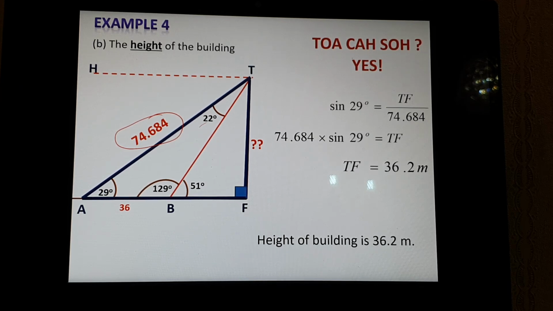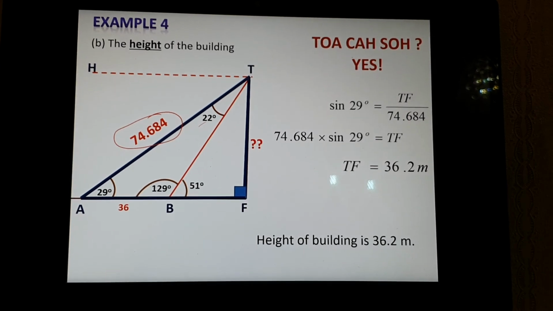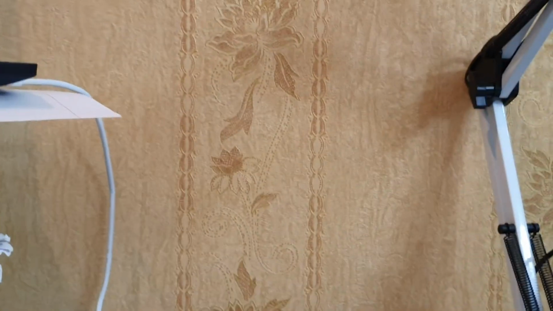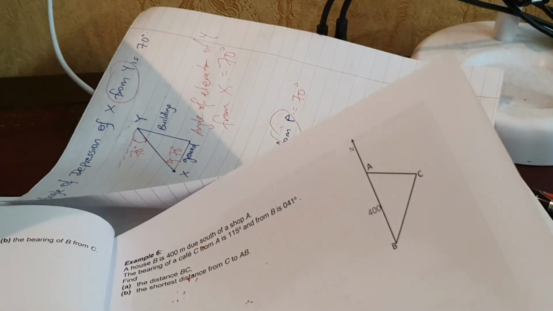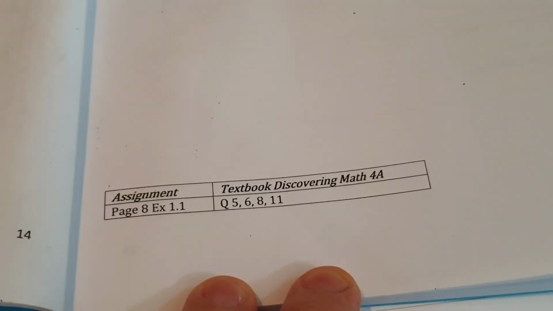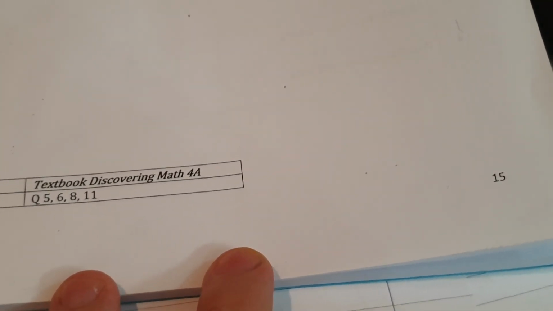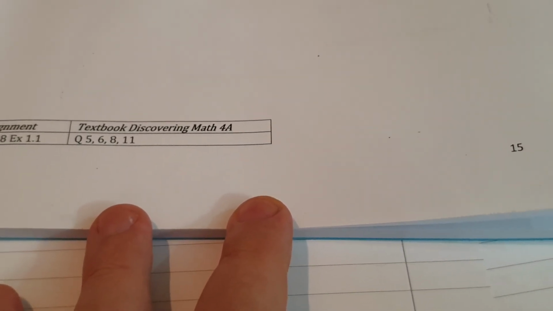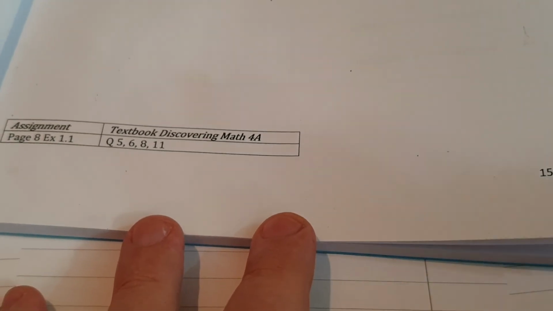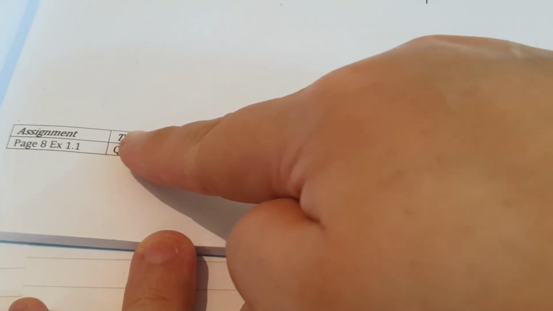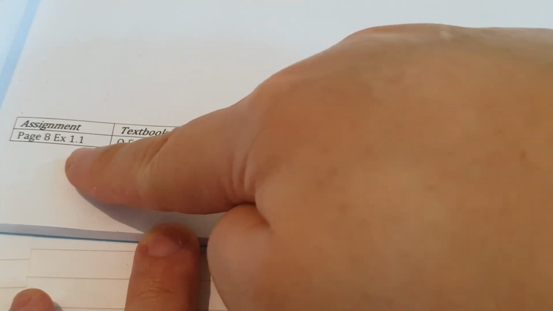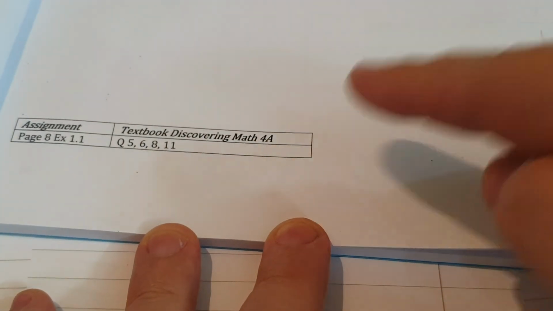All right. Now for the homework that I gave today, actually I did this video Thursday. So in case you are confused about what I'm talking about: remember we give you this homework today on page 15? You do this first over this weekend, which is on page 8, exercise 1.1 of your textbook 4A.